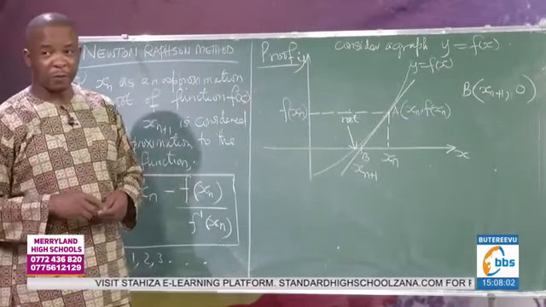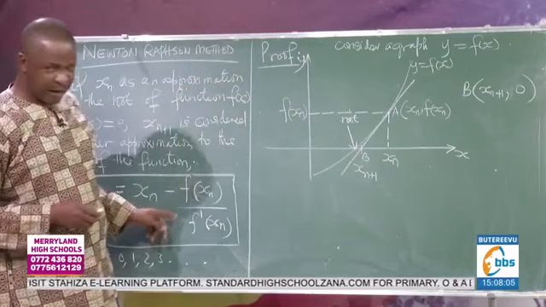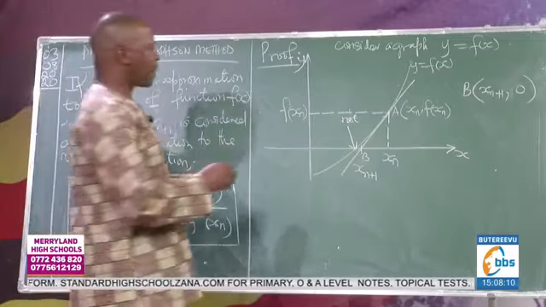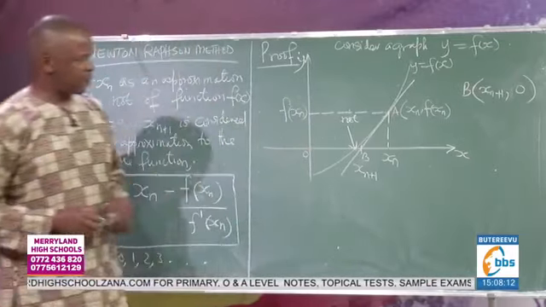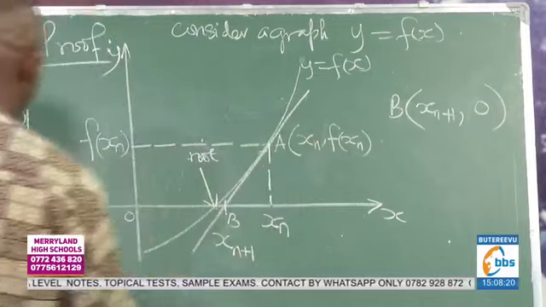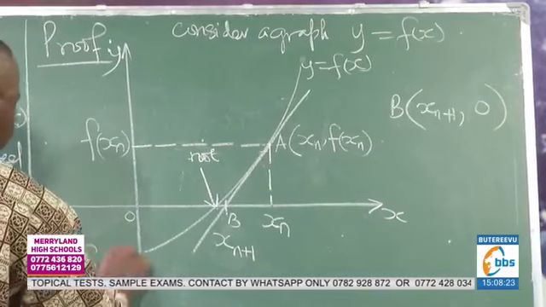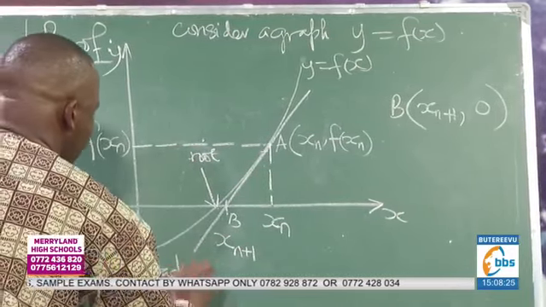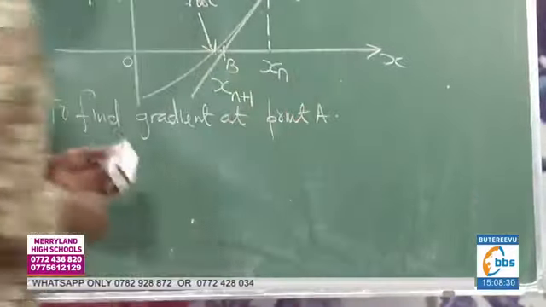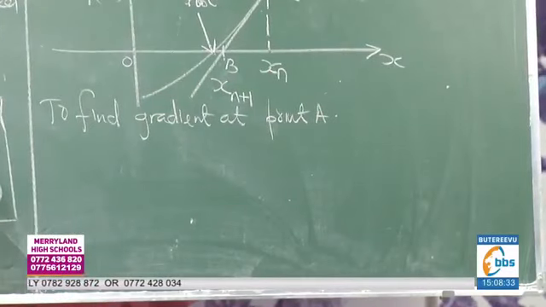Therefore, we want to find out the proof to this formula here. How do you prove it, supposing they asked you to prove it? This is the origin. We have our function, and our interest is to find the gradient at this point A. So to find the gradient at point A, we all know that gradient is going to be change in y, which is this, over change in x.